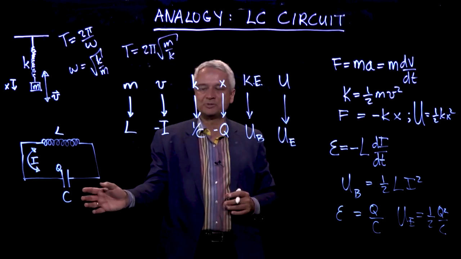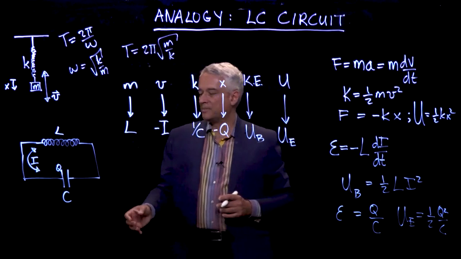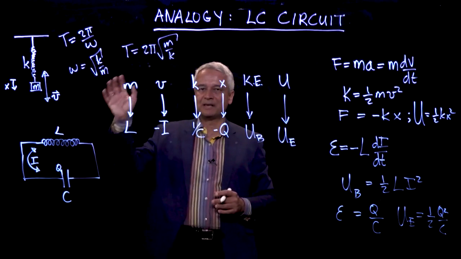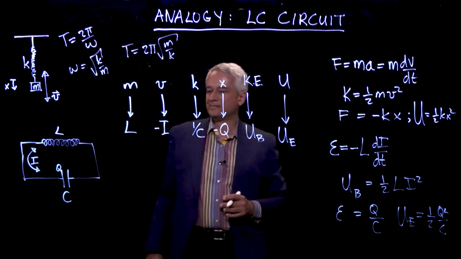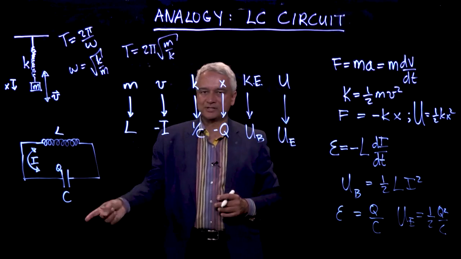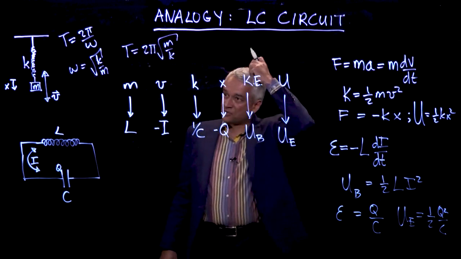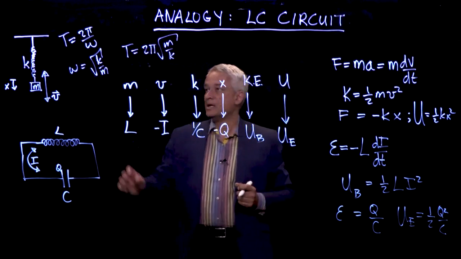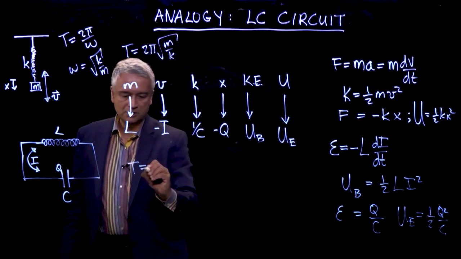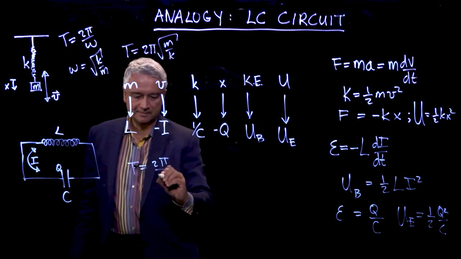Remember, we had a 4-chapter story here. Q started out positive, then it became 0, then it became negative, then it became 0, and then it became positive again. The electric energy went to magnetic, to electric, to magnetic, to electric. And in that 4-chapter story, what's the period? Well, the period is going to be 2 pi over omega.